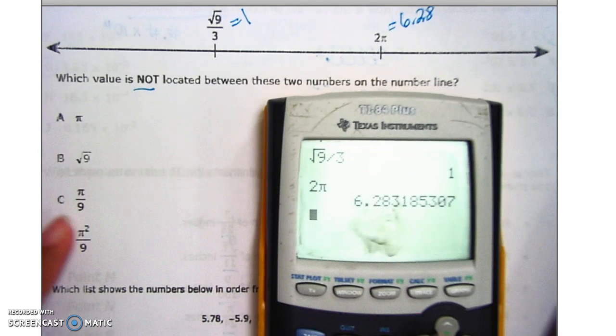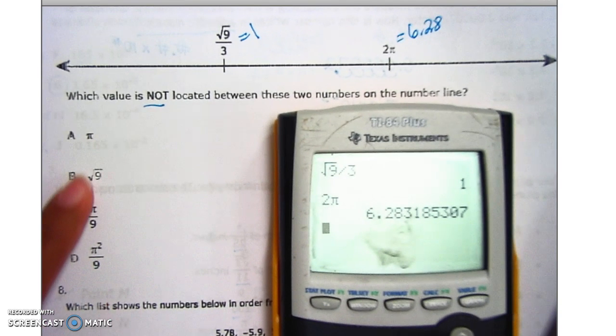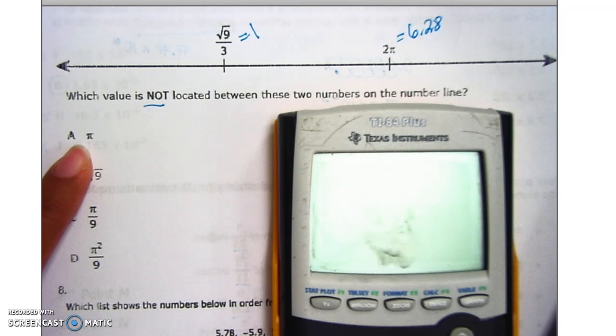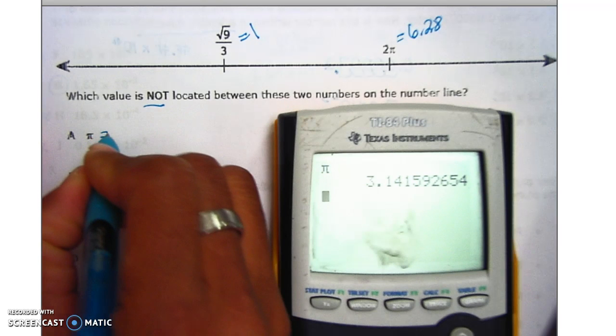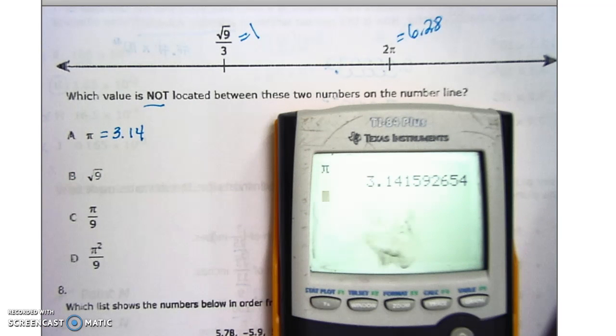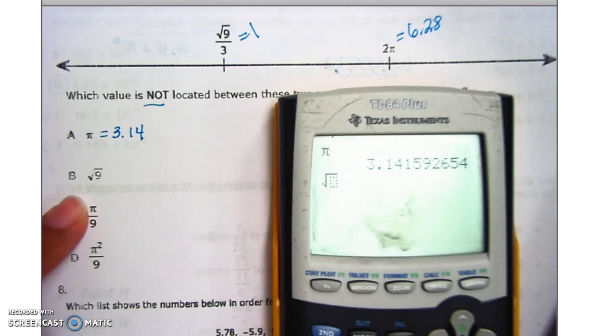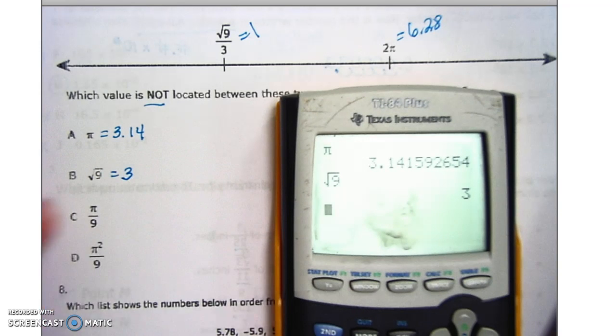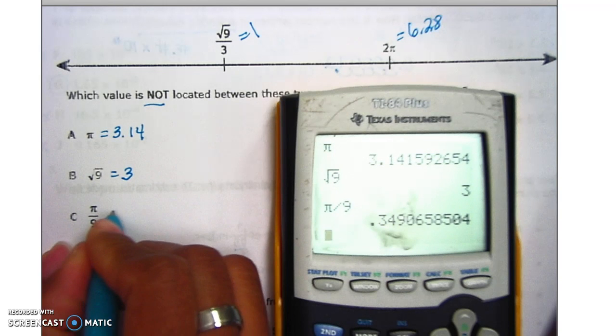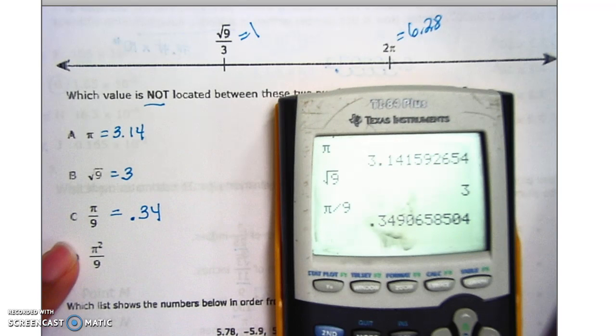Now, because we don't know these numbers, we have to put them all in the calculator. So second, I'm going to clear this out. So second caret gives us 3.14. Second x2, 9, enter, gives us 3. Second caret divided by 9 gives us 0.34.